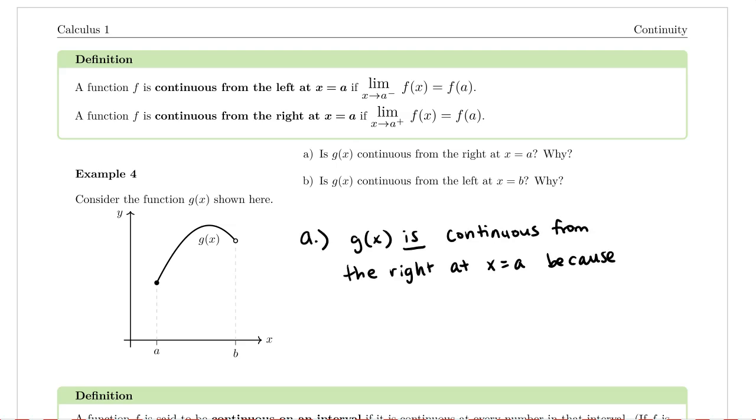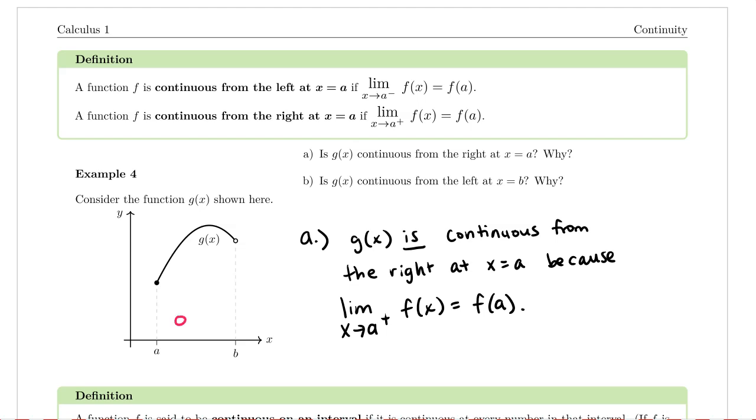So it turns out that g of x is continuous from the right at x equals a because if we look above at the definition, in order for that to be true, the limit as x approaches a from the right-hand side of f of x must equal f of a, which in this case does happen.